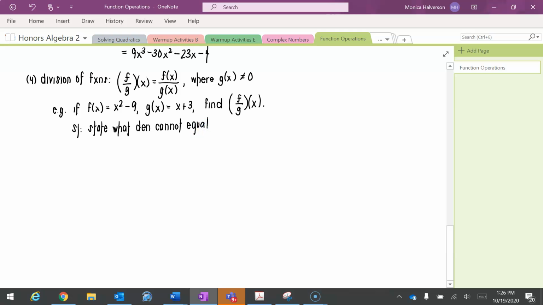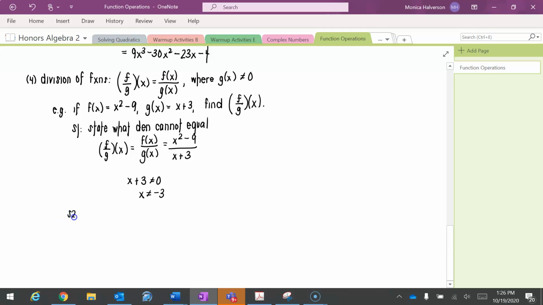What I mean by that is we know that f divided by g of x is equal to f of x over g of x. So x squared minus 9 over x plus 3. So once again, the denominator cannot equal 0. So we're going to say x plus 3 cannot equal 0, which means x cannot equal negative 3. That's the first thing you're going to do.